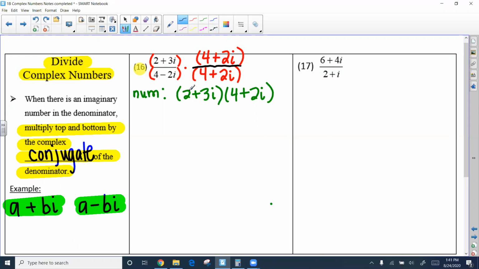So I have to distribute this 2 to both of those. 2 times 4 is 8, and 2 times 2i is plus 4i. Then I have to distribute the 3i. 3i times 4 is plus 12i, and 3i times 2i is plus 6i squared.